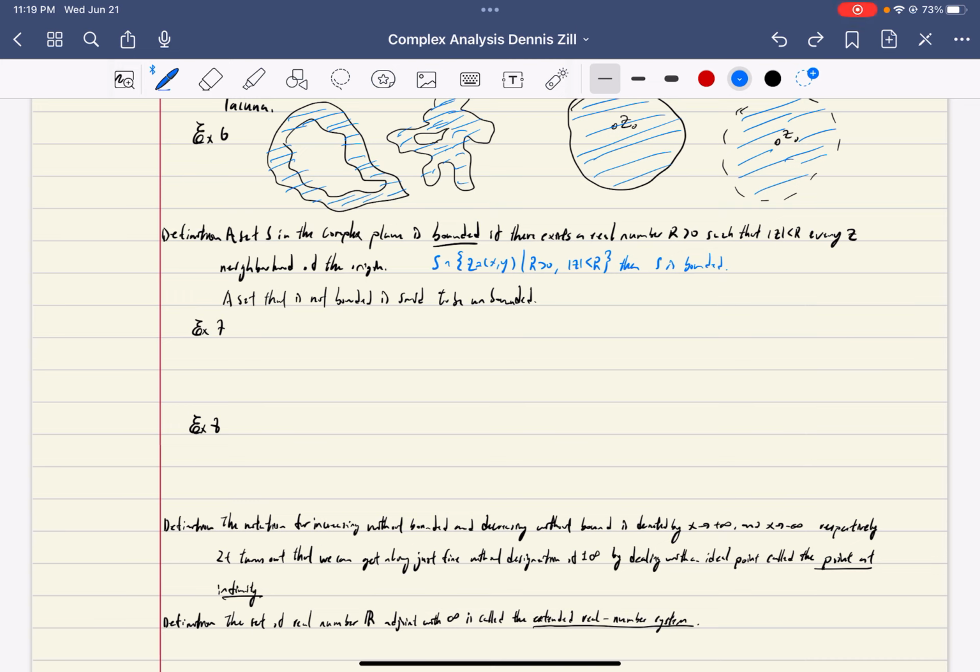A set that is not bounded is said to be unbounded.